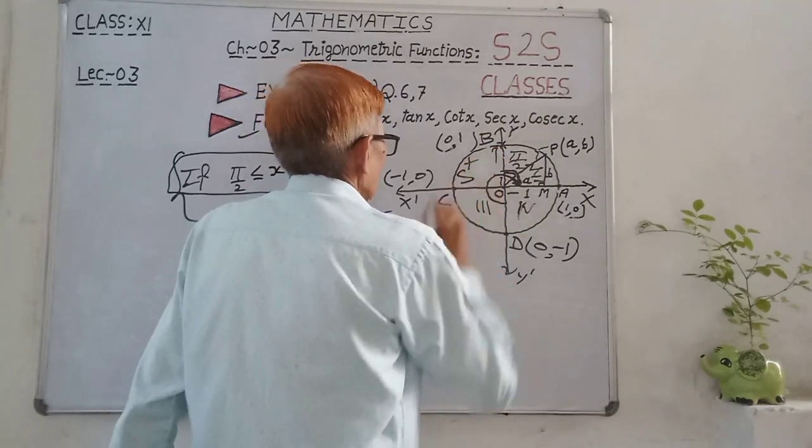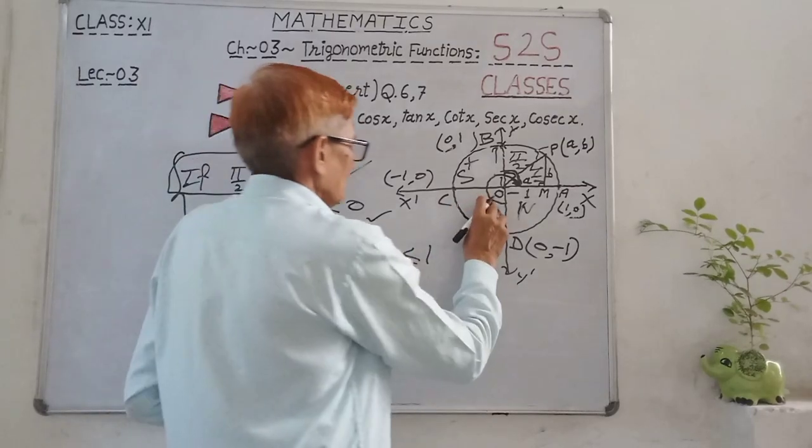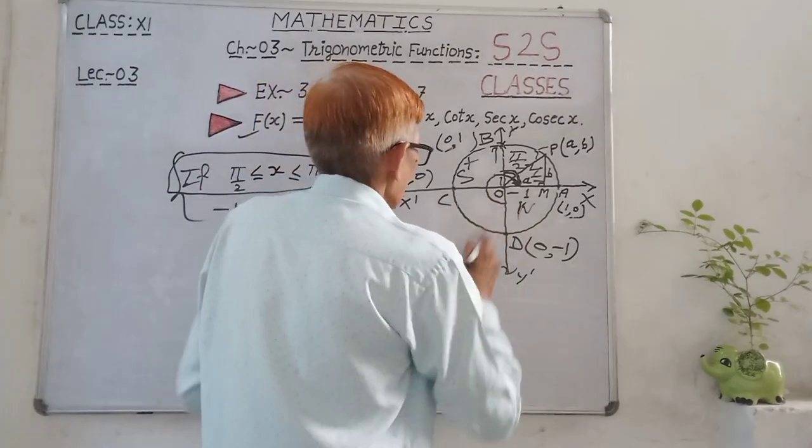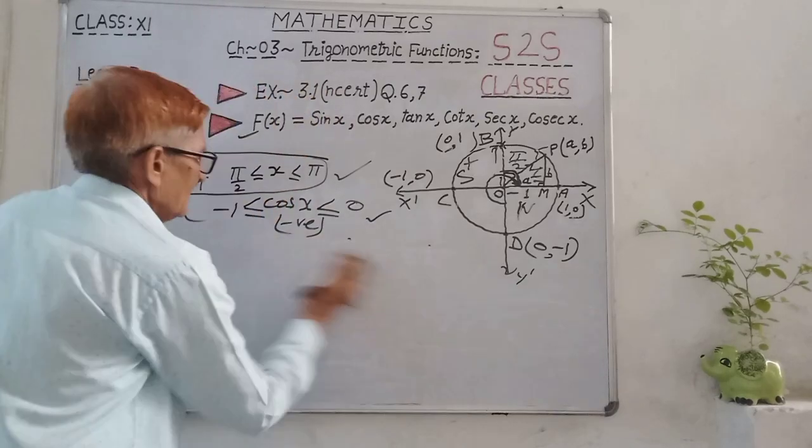Positive sin and negative cos. Now here in the third, we are going to check the angle in the third quadrant. Second is clear.